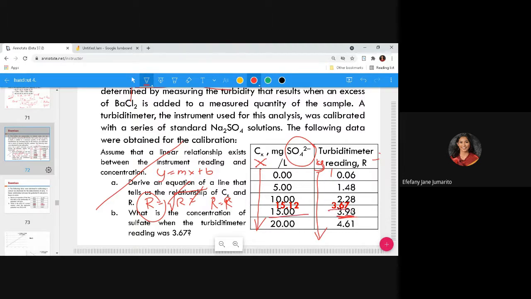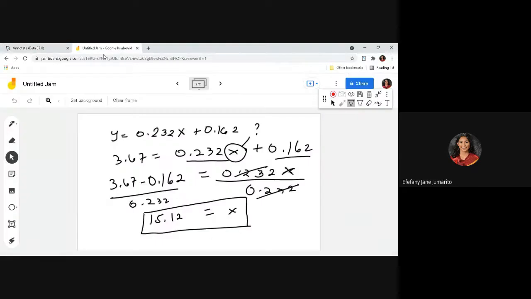Now kung 3.67 imong calibration, for sure duol ra pud siya ang imong answer. Now we can check na you have the correct answer because gamay raman po duol raman pud sa 15 imong answer. So your concentration of your sulfate ion will be 15.12 when you have your 3.67 calibration. Okay, so that's how you solve that one.